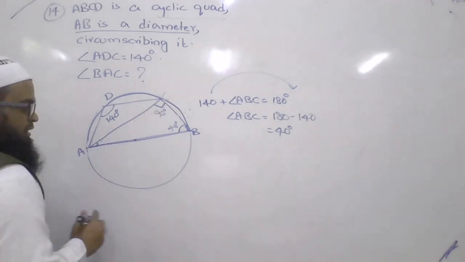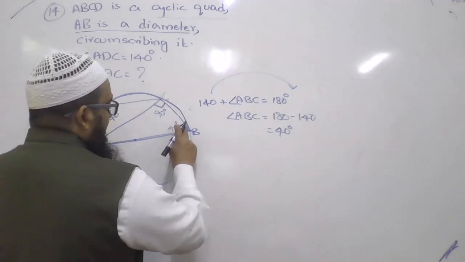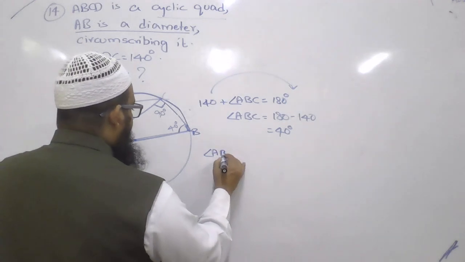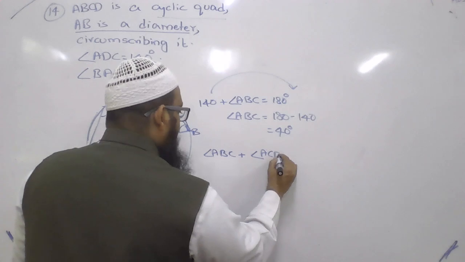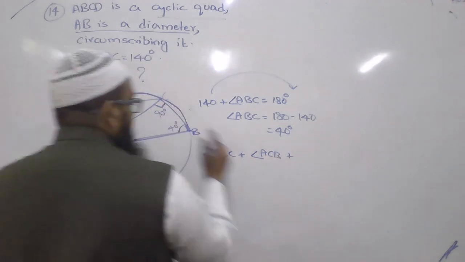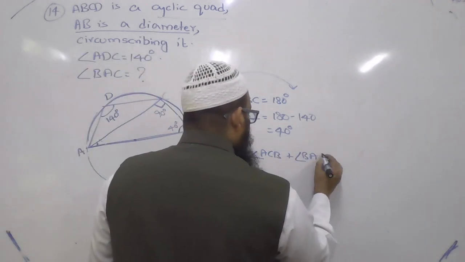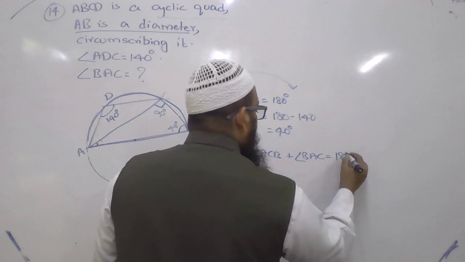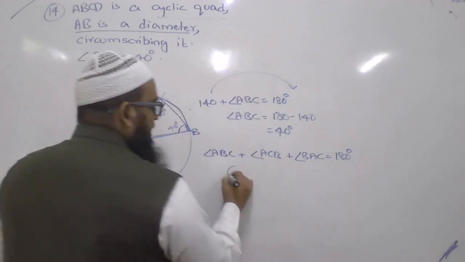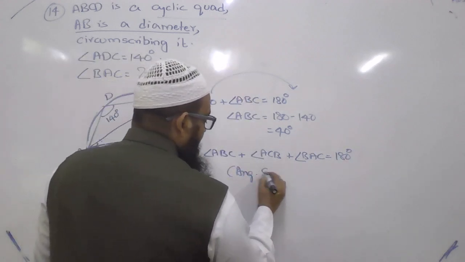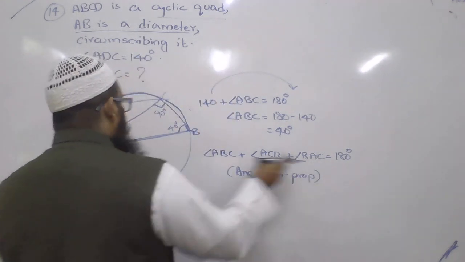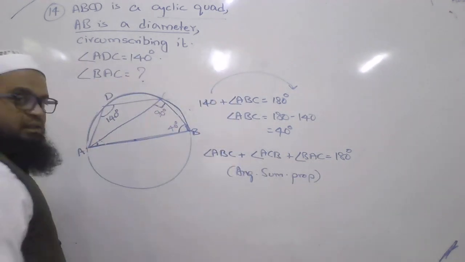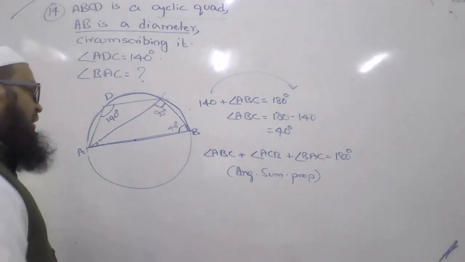So angle ABC plus angle ACB plus angle BAC is equal to 180 degrees. What is the reason? Angle sum property. We add the three angles of the triangle, so it will be 180.